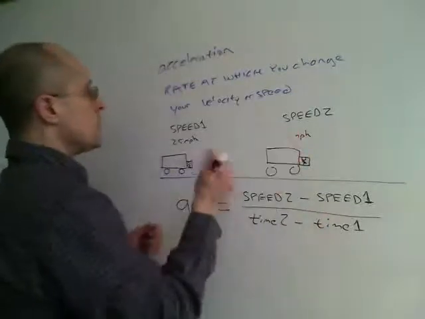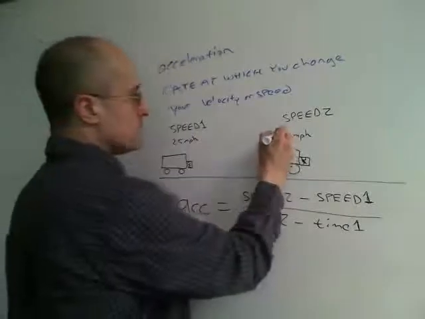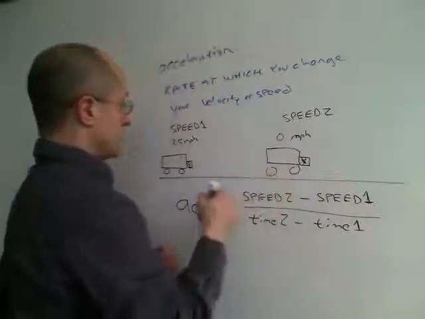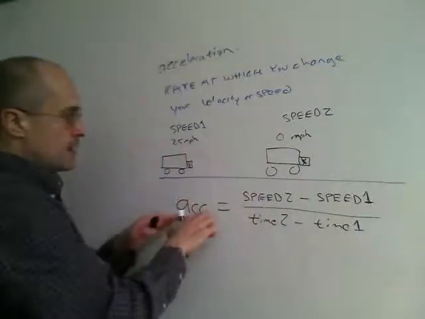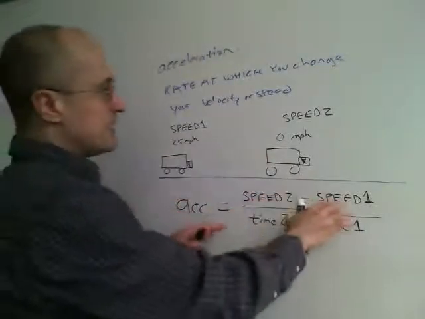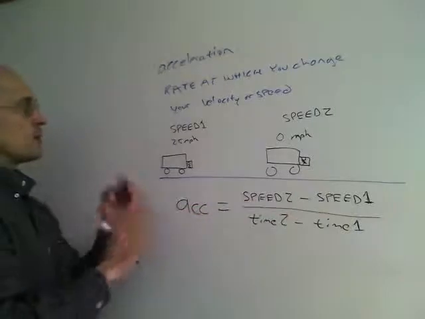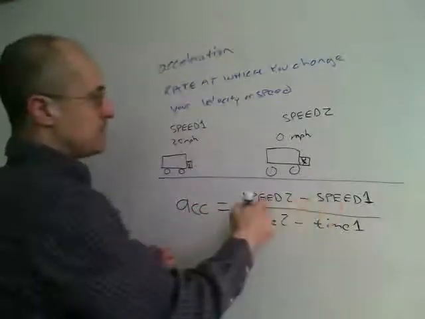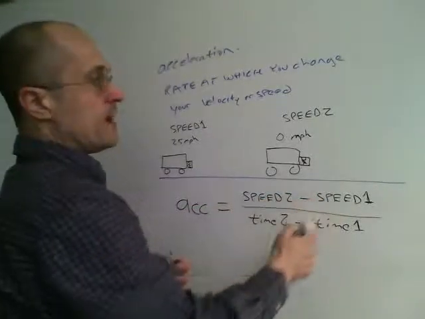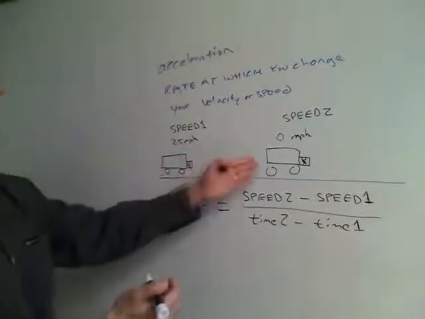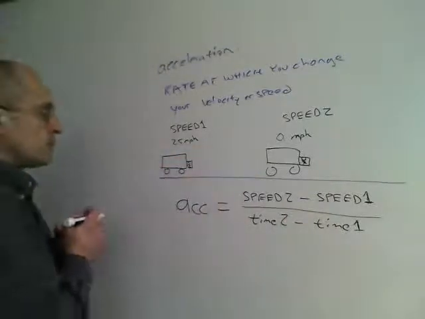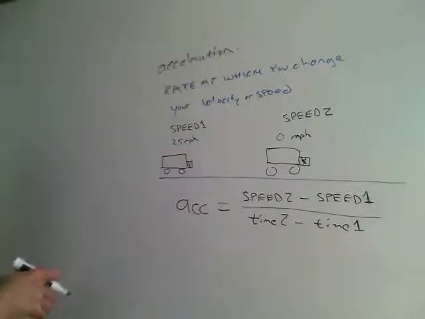So let's say you go from 25 miles an hour to 0 miles per hour. You slowed down, so your acceleration is negative. Your car went from 25 down to 0. 0 minus 25 is some negative value. This is like braking. So braking is a negative acceleration.